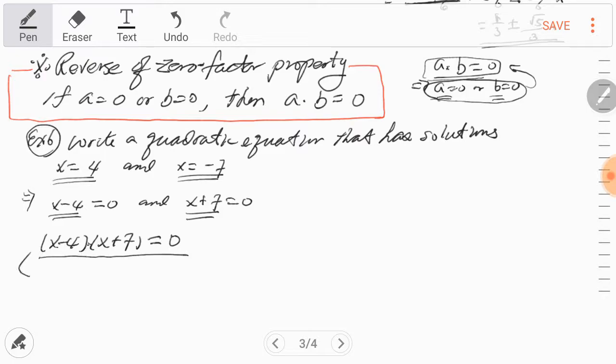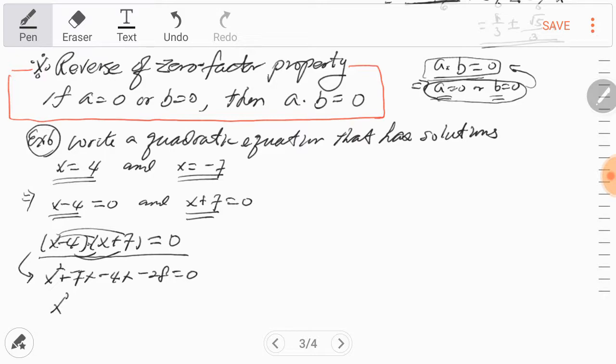So let me rewrite this one. Use the FOIL method. Write this in standard form. So x squared, use the FOIL method, plus 7x, minus 4x, and the product is negative 28, equal to 0.